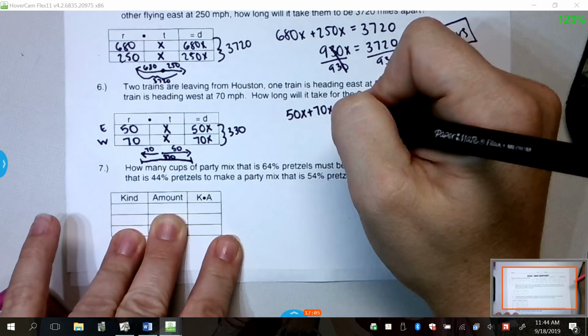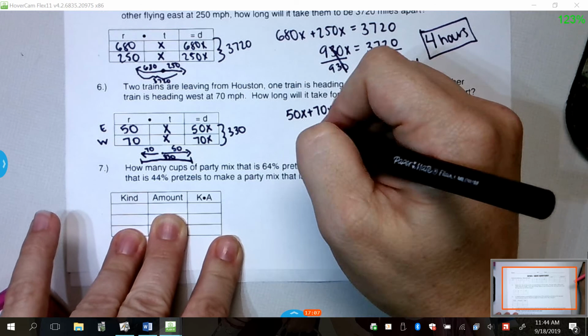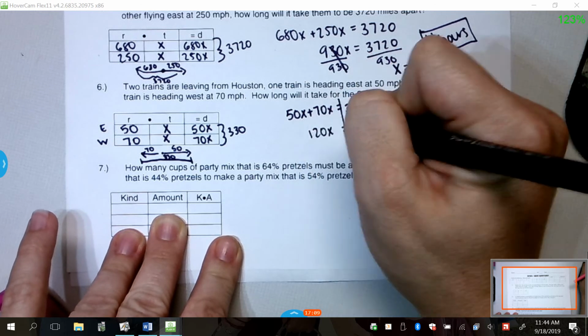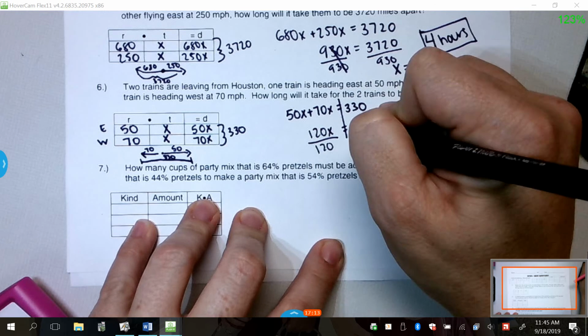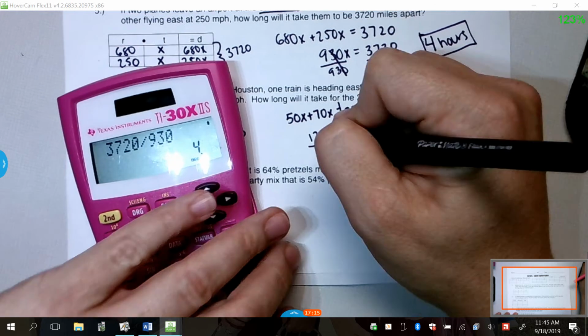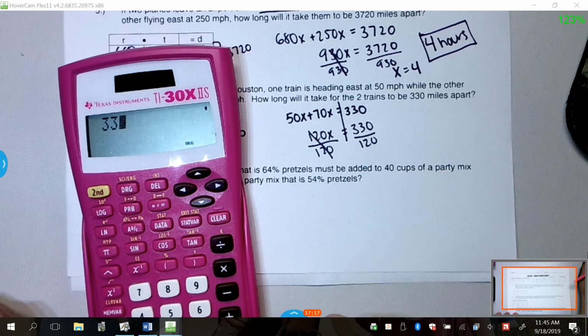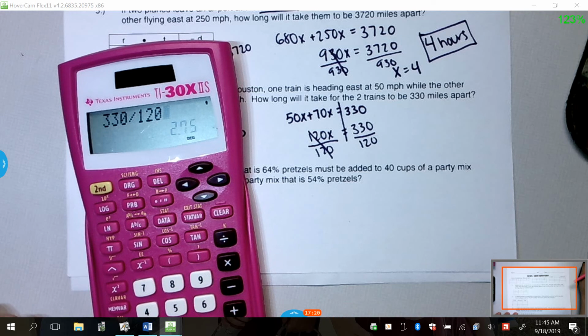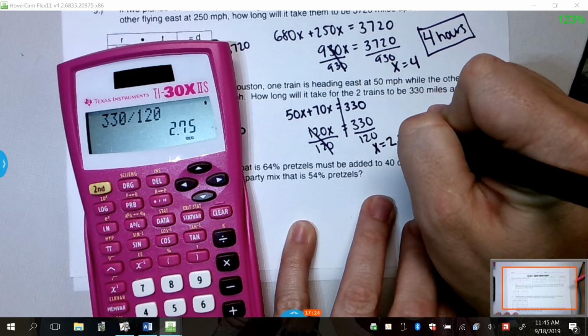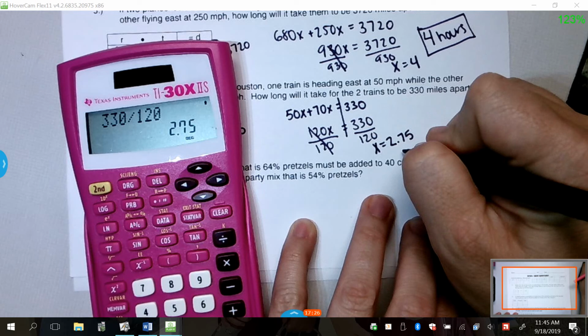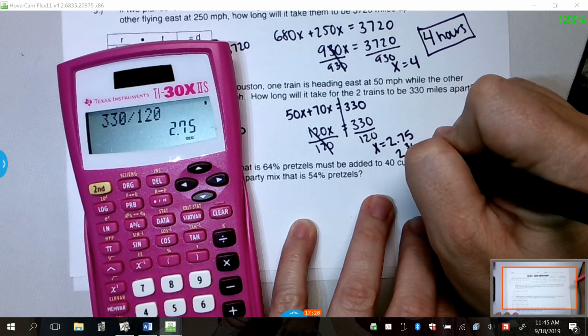Okay, so I'm going to combine 50 plus 70 is 120x equals 330. Divide both sides by 120. So I get 330 divided by 120, and that equals 2.75. So I want you to realize 0.75 is the same as saying 3/4.